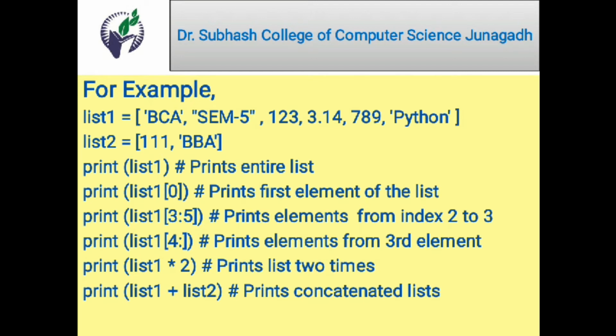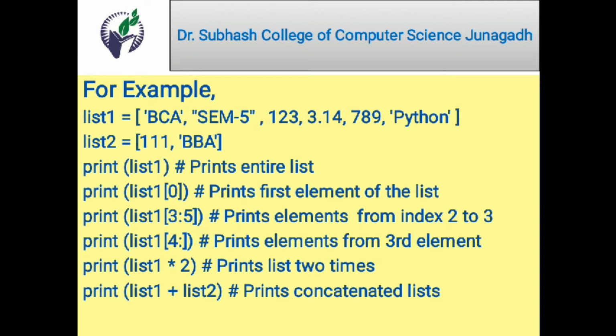Now list1 contains a total of 6 elements starting from 0, similar to a string. A list begins from 0. Here it is index 0, that is the first element, index 1, index 2, index 3, index 4, index 5. Total 6 elements from 0 to 5.